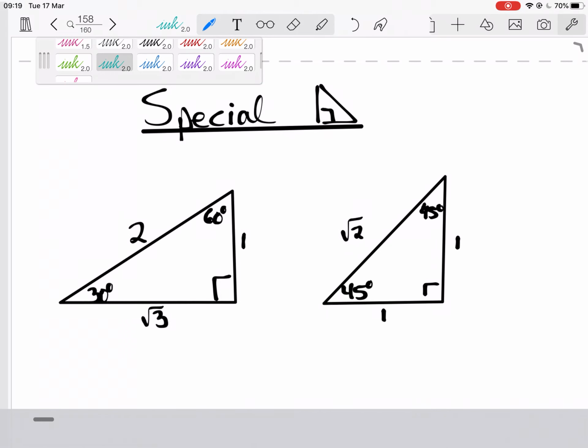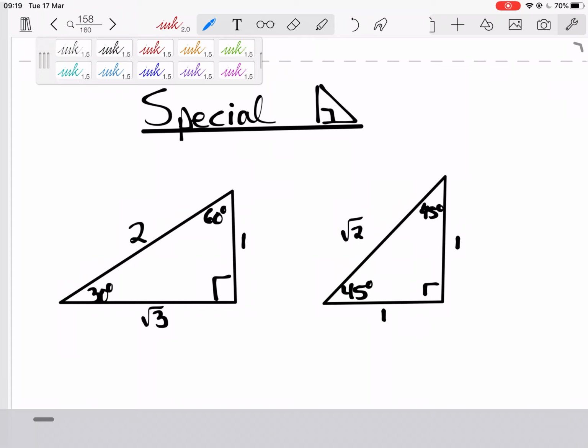So when we're looking at the unit circle, all of these hypotenuses, they represent the radius. They should be 1. So in order to turn them into 1, I'm going to be dividing by what they are. So here I'm going to be dividing by 2 in order to turn that hypotenuse into 1.